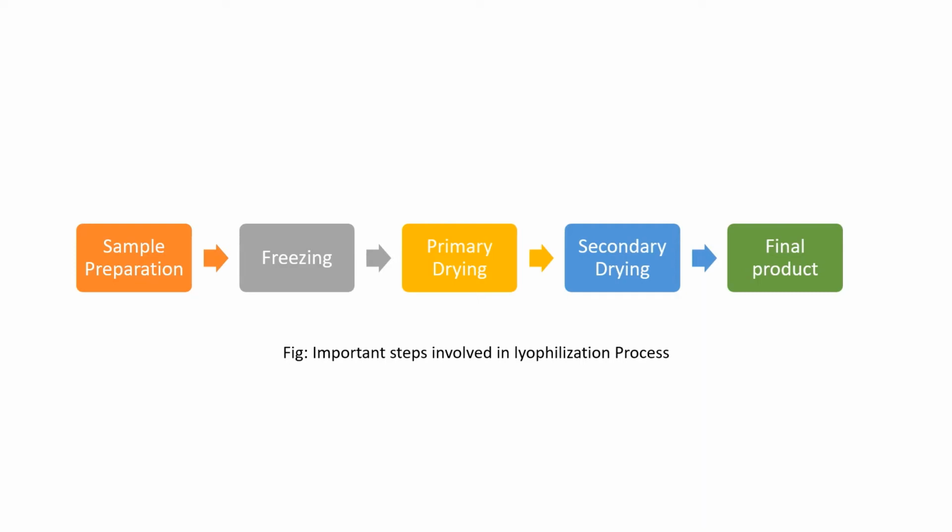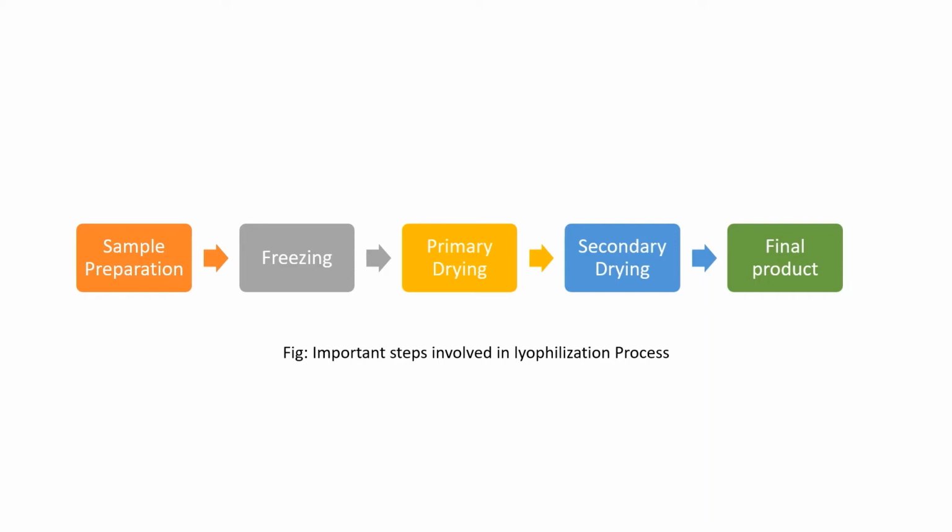So under pre-formulation, we need to do a thermal stability study using DSC analysis, differential scanning calorimetry, TGA, FTIR, etc. So this is about the sample preparation and pre-treatment of a sample before freezing.